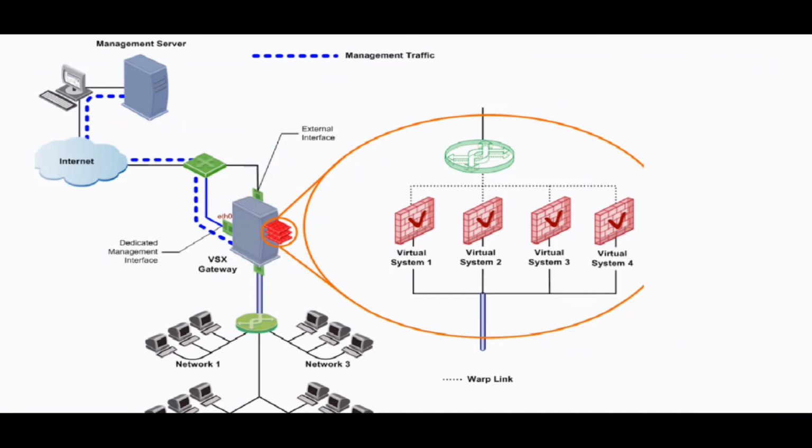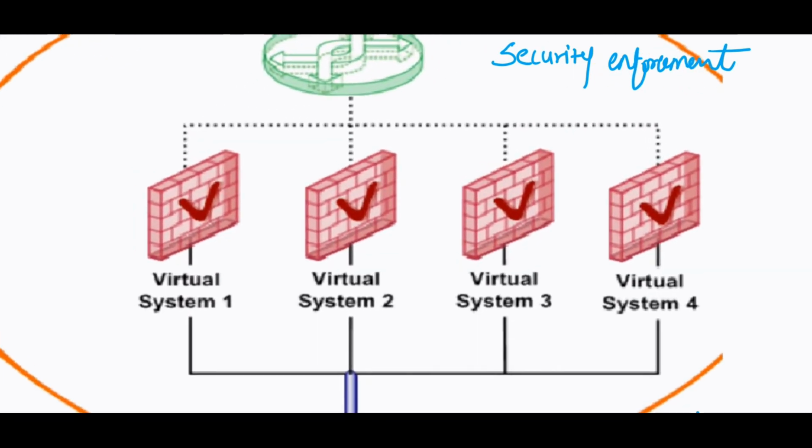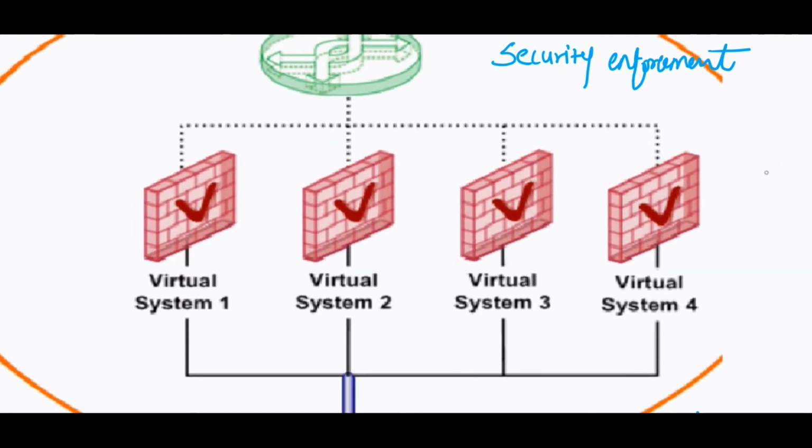Next point which VSX uses for traffic management, the second important point, is security enforcement. What do you mean by security enforcement? As we know, each virtual system functions as an independent security gateway. Consider all the virtual systems you have here.